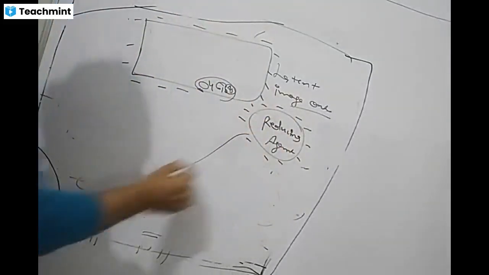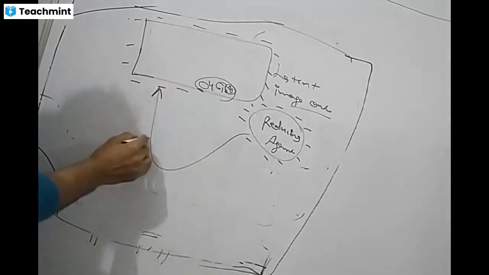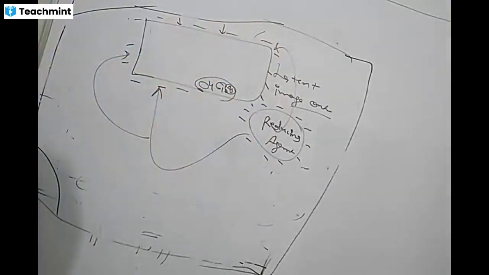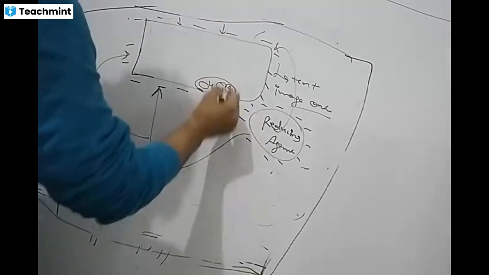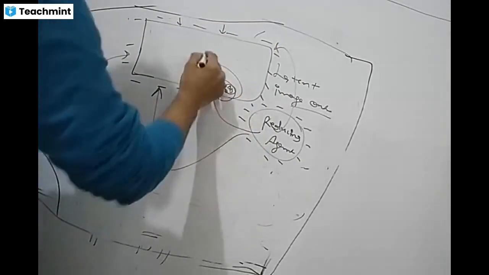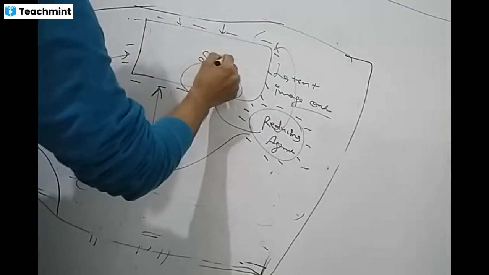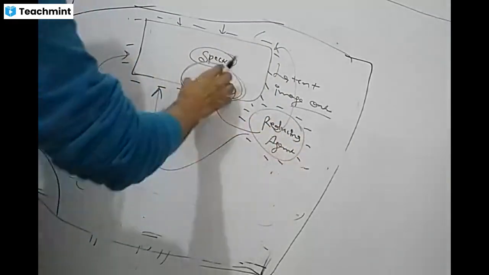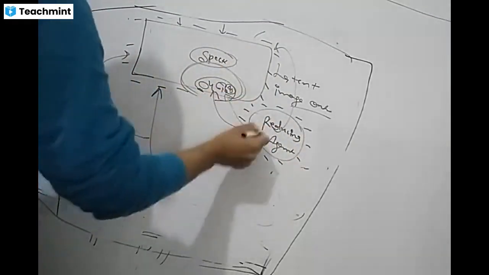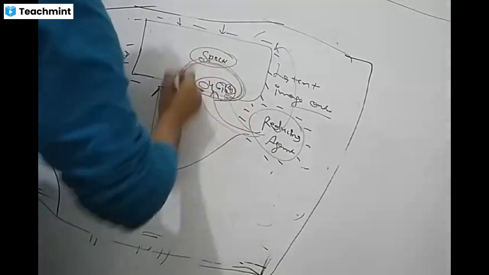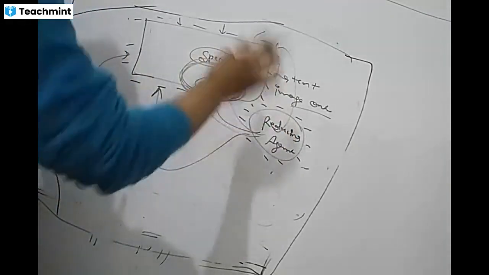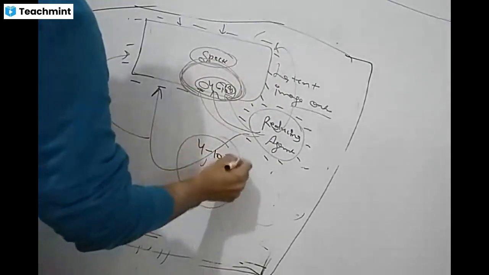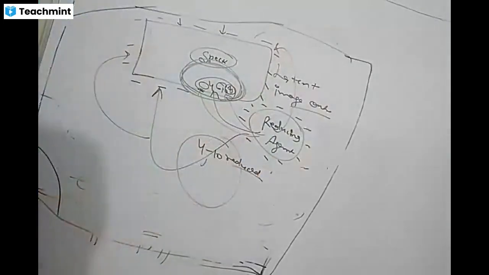If our reducing agent wants to enter this crystal, it cannot enter from this part because negative repulsion will be there. So it can enter only through these specks, this latent image center. It will enter, and in this center only 4 to 10 are reduced.